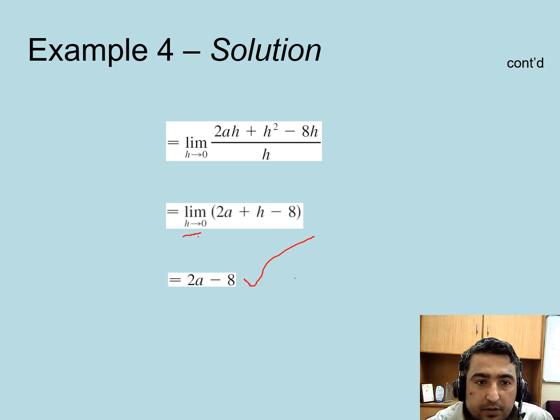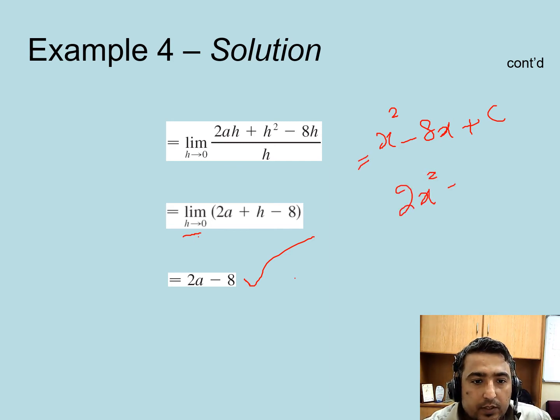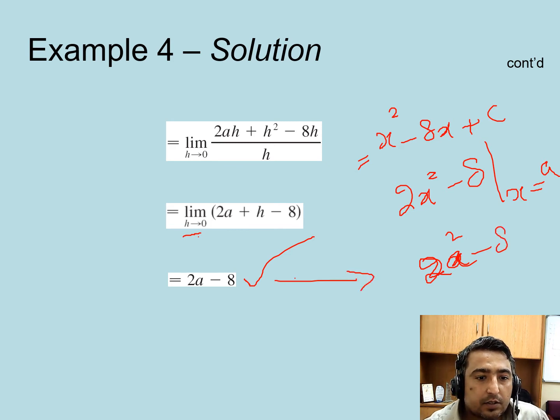Remember, the original function was x squared minus 8x plus some constant, let's say c, and the derivative of this function, as you know from your lower classes, is 2x minus 8 when x is equal to a. Now if you plug in a instead of x, 2a minus 8, this is the same stuff, right? So by the classical definition, the way you already used to compute differentiation, it is basically coinciding, or they are the same. Right?